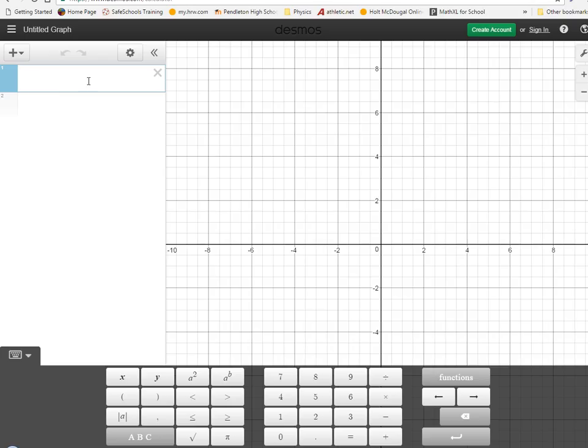Like if I want to put in, let's say, the quantity x minus 2 squared plus the quantity y minus 3 squared equals 9. You can actually use the equal button, because on a graphing calculator you can't do that. Look what it does. It gives you the circle, right?